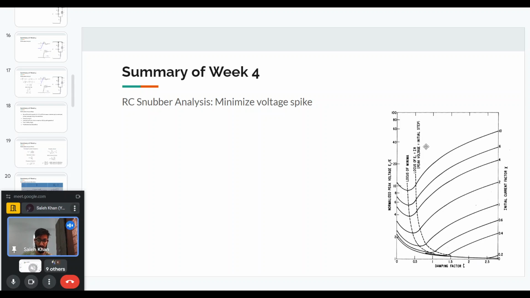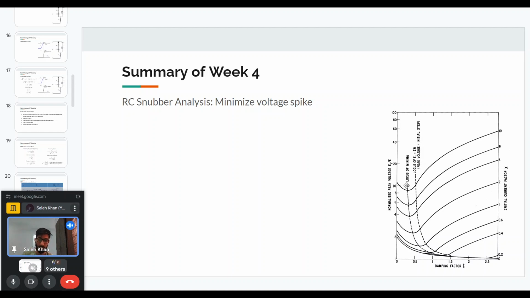And in this case, we get a plot like this. And as you can see, for a particular value of chi, as zeta increases, the normalized peak voltage first reduces and then increases again. So there is actually a minimum point here.